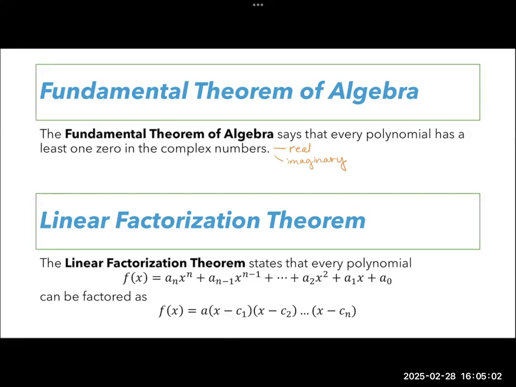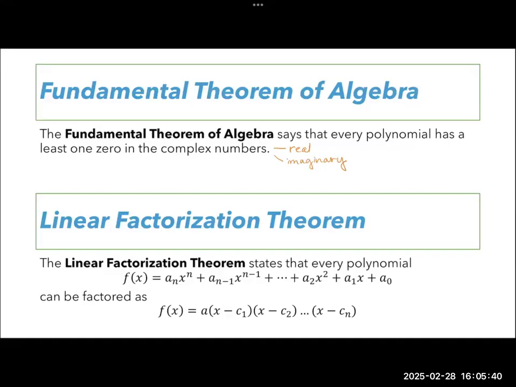Then we have the linear factorization theorem, which states that every polynomial, in a generalized polynomial form showing the different terms that might make up the polynomial, can be factored as f of x equals some a value times x minus c sub 1 times x minus c sub 2, repeated for as many factors as you need.